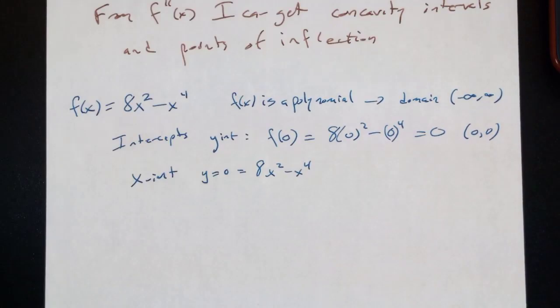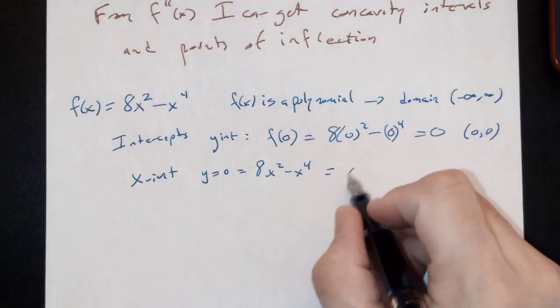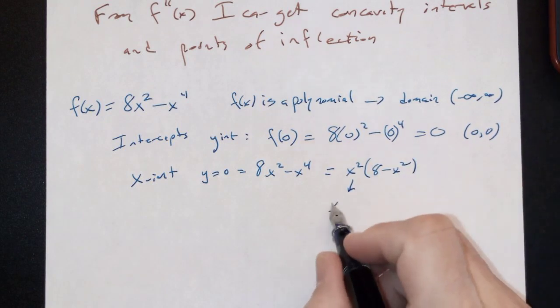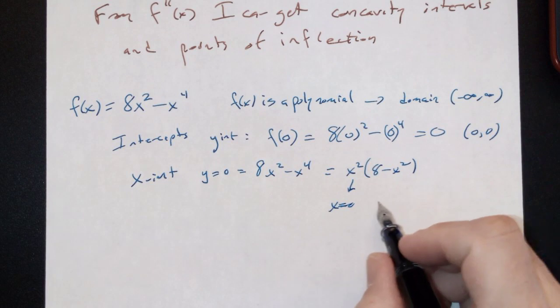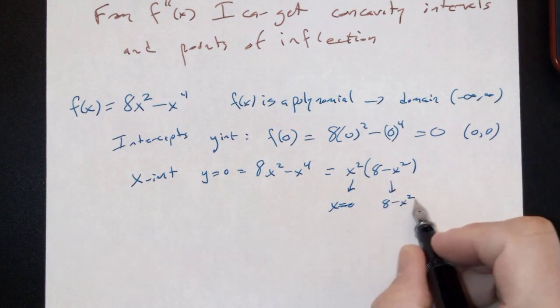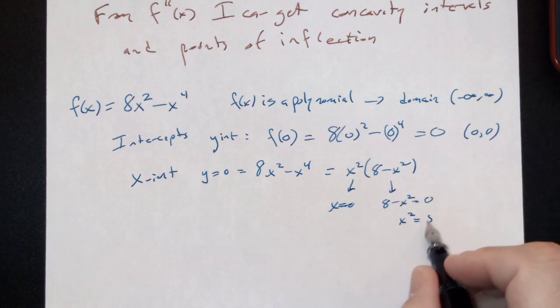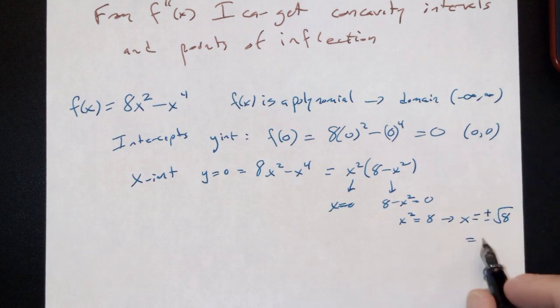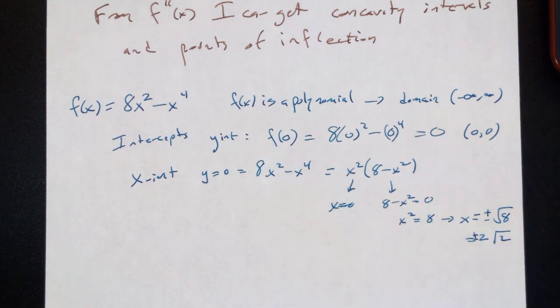Since I can factor it, I now know that either x is 0 or 8 minus x squared is 0. So x squared is 8. X is plus or minus root 8 or 2 root 2. If you want to simplify it, I'm not going to require that. The square root of 8 is somewhere between 2 and 3. I have 2 more points on my graph.